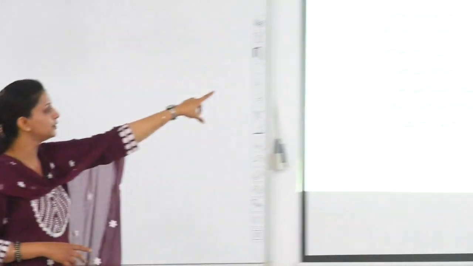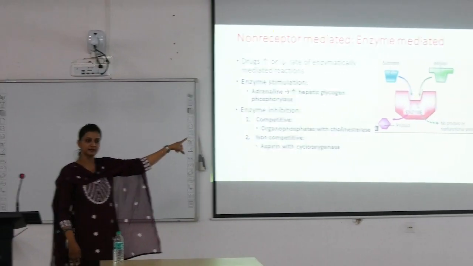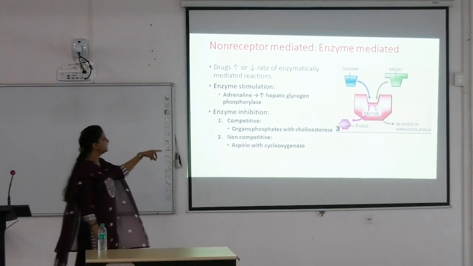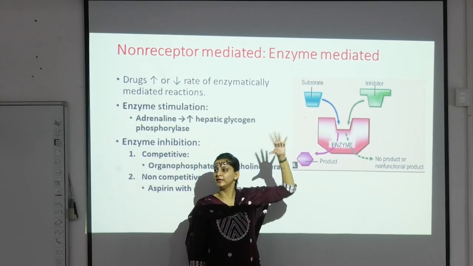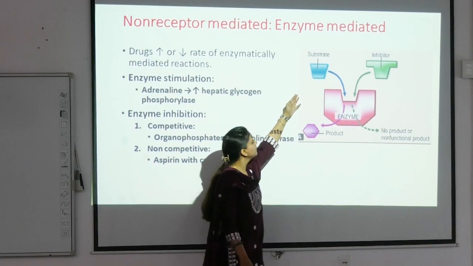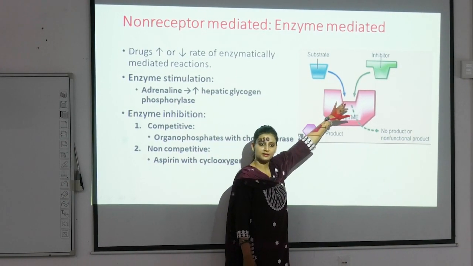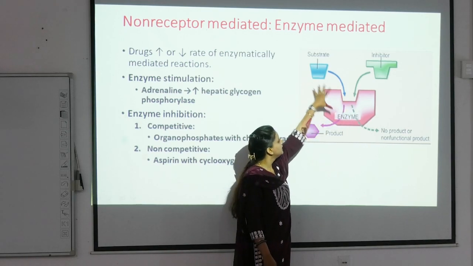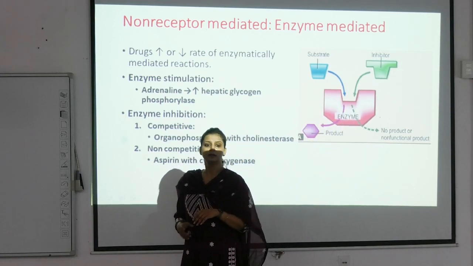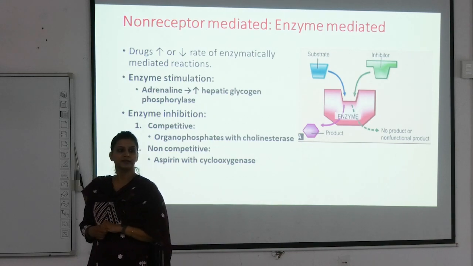Equilibrium and non-equilibrium. What is the equilibrium type? Substrate and inhibitor are both trying to bind at the same site. Okay? But if you increase the concentration of the substrate, the substrate will win. It will come and bind at this site and overcome the effect of the inhibitor. That is the equilibrium type.